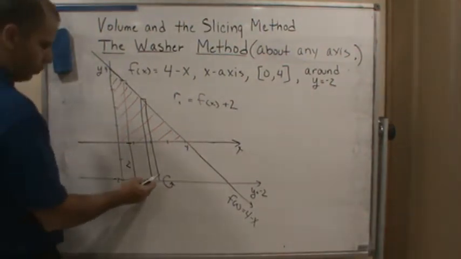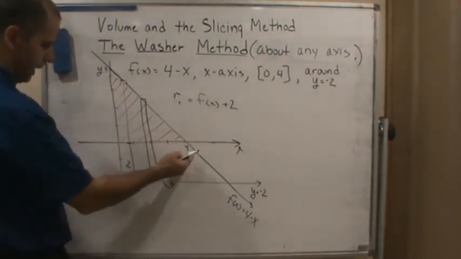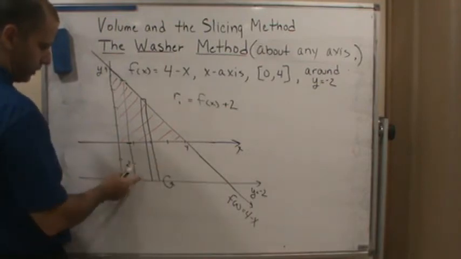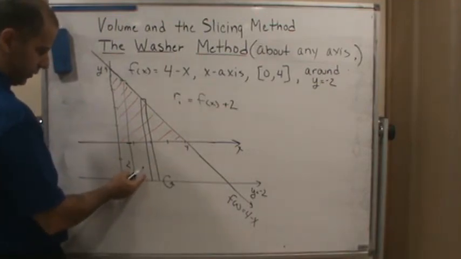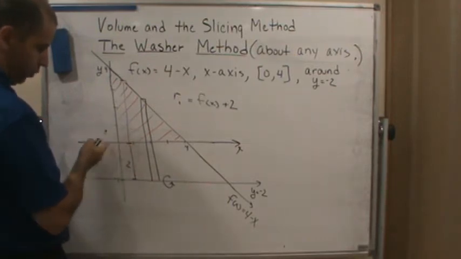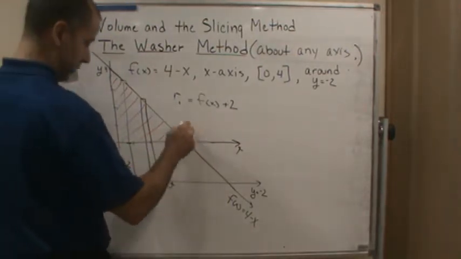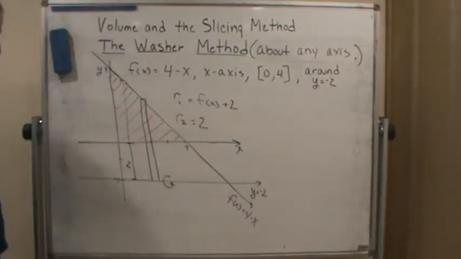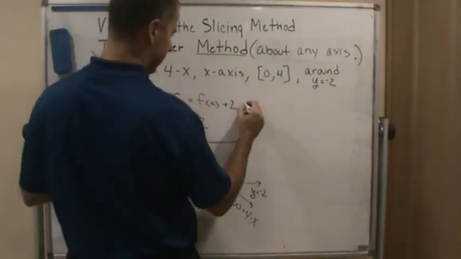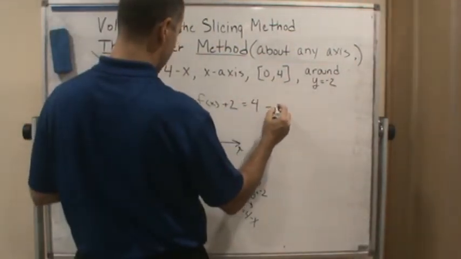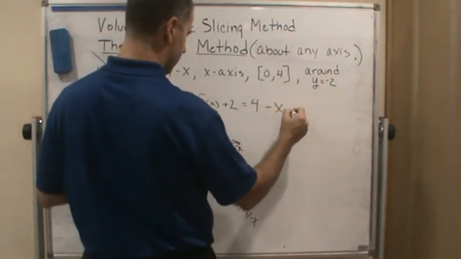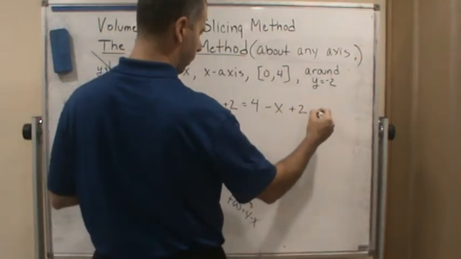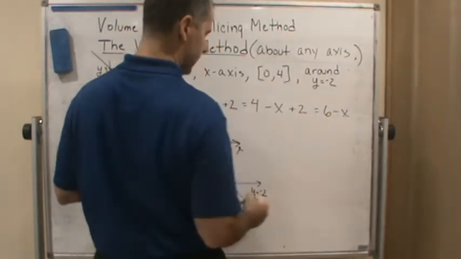Then, when we do the rotation, we have to subtract off the smaller disk, which is just the distance from the line y equals -2 to y equals 0. That's 2. So the smaller one, which I'll call R2, just has a radius of 2. Radius 1 becomes 4 minus x plus 2, or 6 minus x.